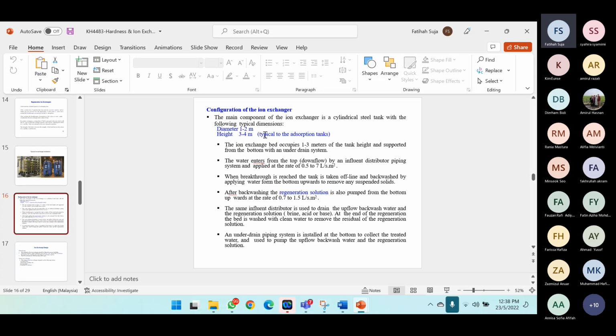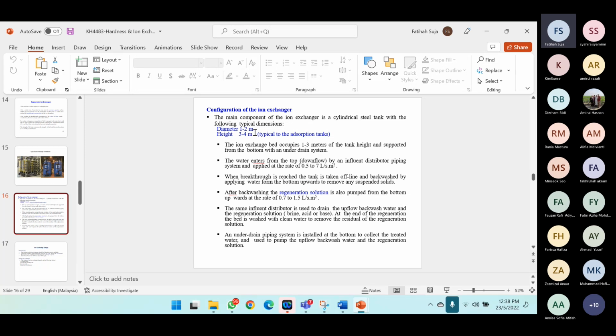Okay, configuration of the ion exchangers. When you want to design your water treatment plant, you need to know the configuration that is allowable or commonly used in your system. The main component of the ion exchanger is a cylindrical steel tank with the following typical dimensions.